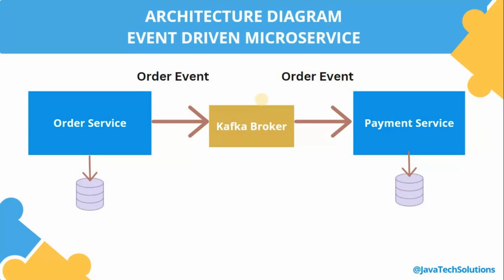Beyond that, to demonstrate this, I'm going to create two microservices: the order microservice and the payment microservice. Both have separate databases. For demonstration, I'm going to use an in-memory database like H2, but we can also use other databases like MySQL, Oracle, or Postgres.